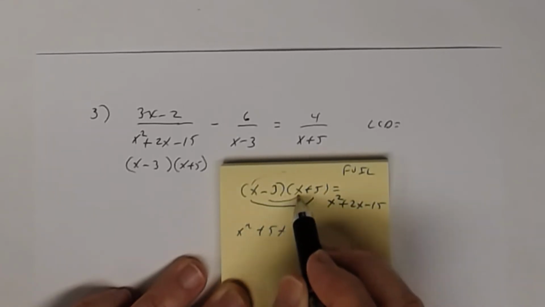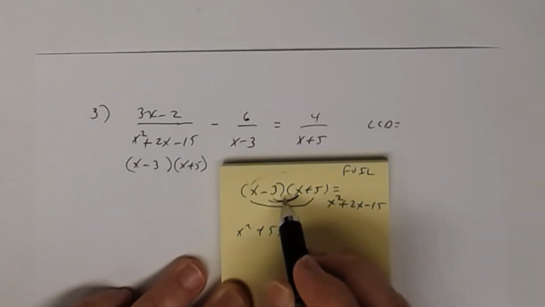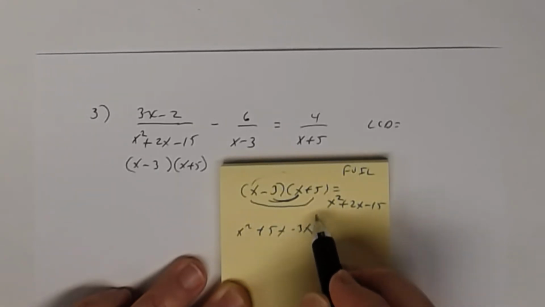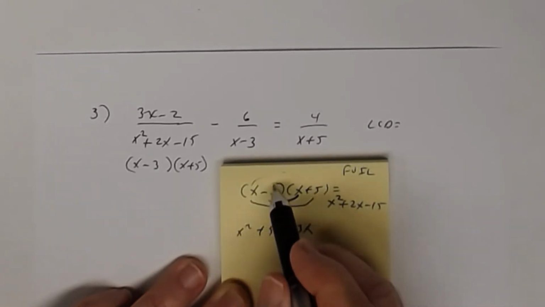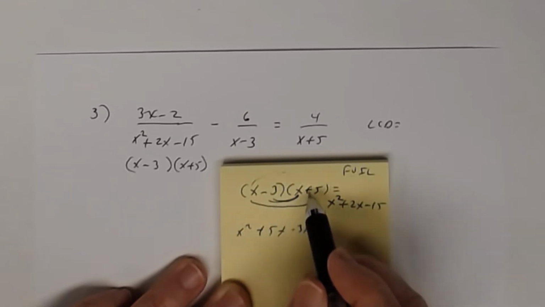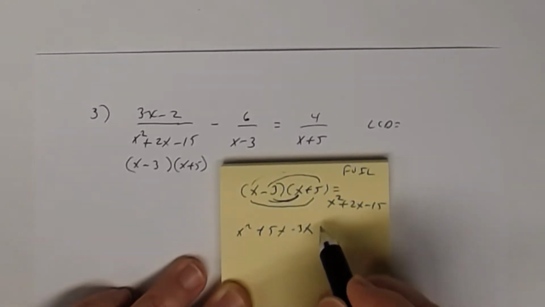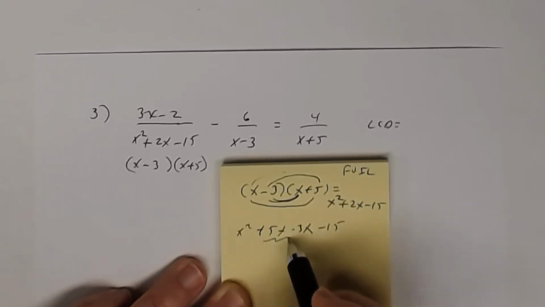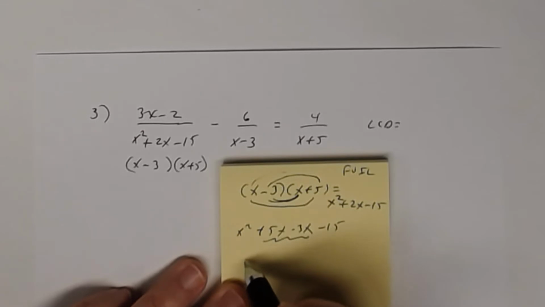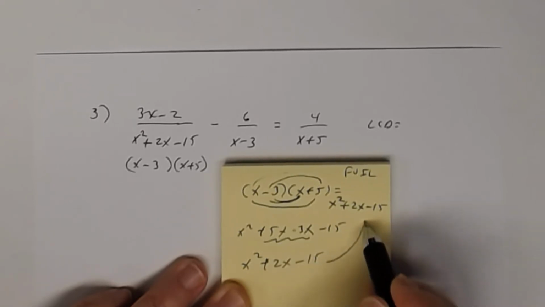I is inner, so if you look at the inside terms, negative 3 times x is a negative 3x. And then L is the last terms of each binomial. So the last terms, negative 3 times 5, is a negative 15. When I combine like terms, see those linear terms here, I get x squared, 5x minus 3x is 2x, and then minus 15, which is what we wanted.